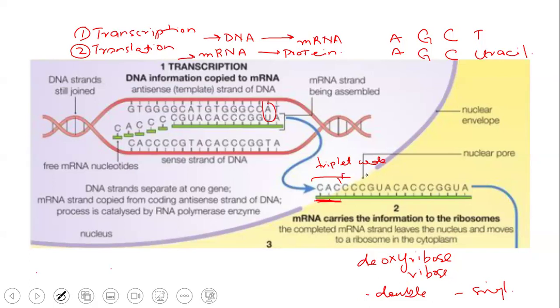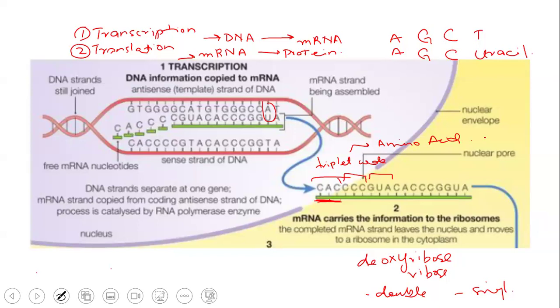Then the next 3, in this case CCC, are the next triplet code. GUA is the next triplet code, right? So 3 nitrogenous bases equal one triplet code, and one triplet code is specific for one type of amino acid.